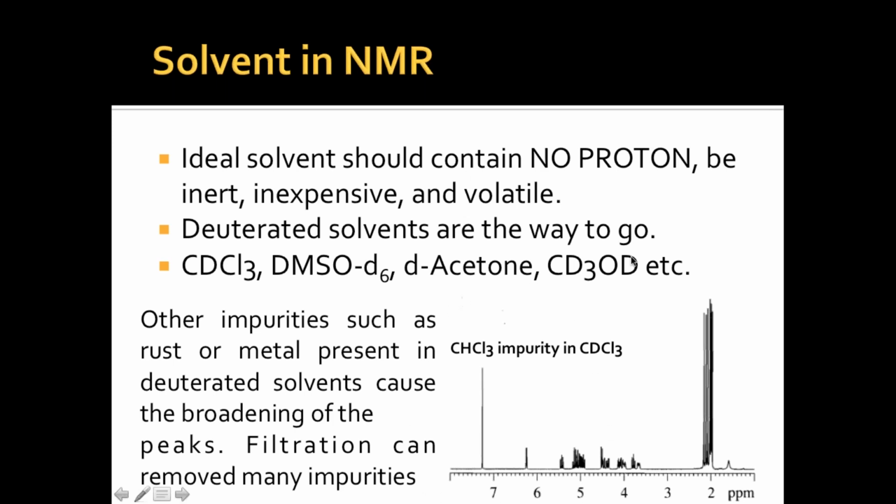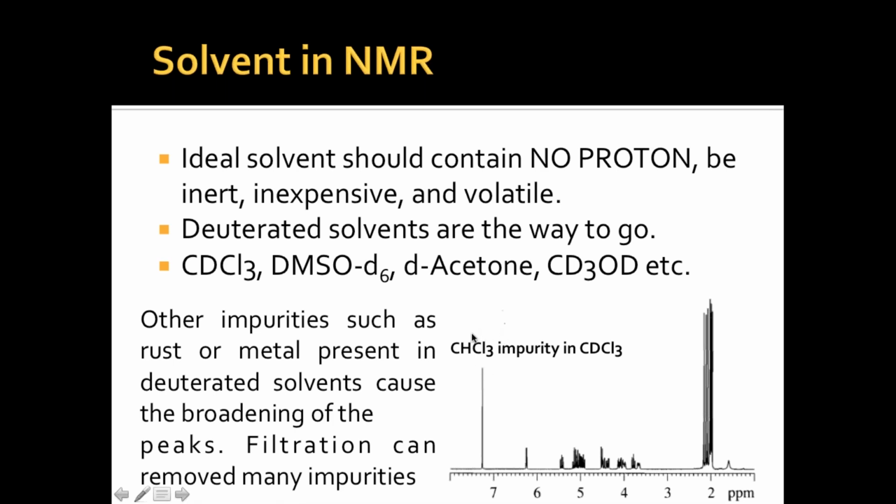As you can see, an NMR profile of a compound is in this slide. I do not know what this molecule is, but this sample is dissolved in CDCl3 for NMR. We dissolve the sample in CDCl3, but the CDCl3 has an impurity, which is chloroform.